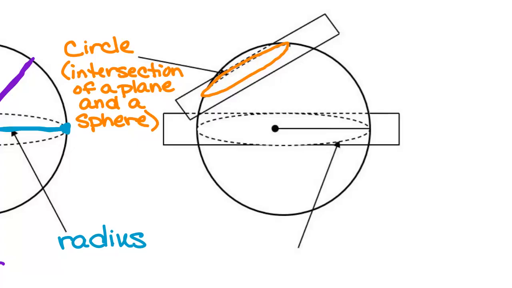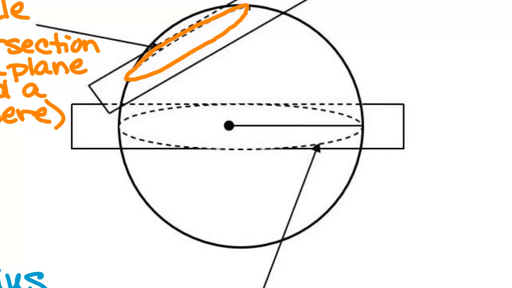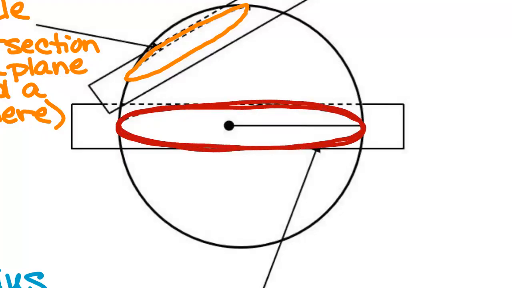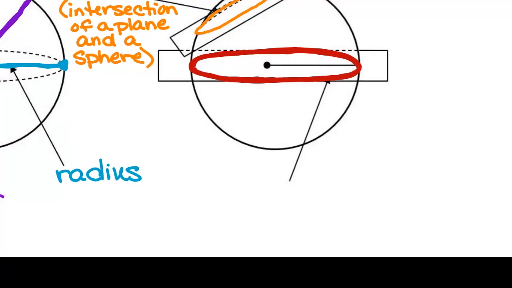If I have a plane of symmetry on this sphere, so I cut right through the center of the sphere, I'm going to get the biggest possible circle cross section that I can from this sphere if I make sure to go right through the center of it. We call that a great circle.